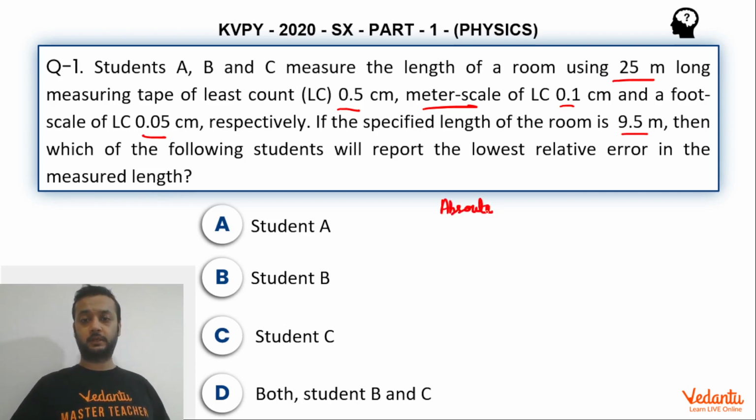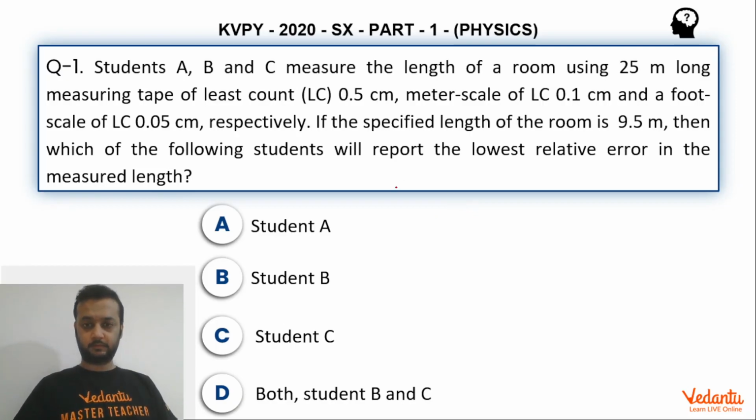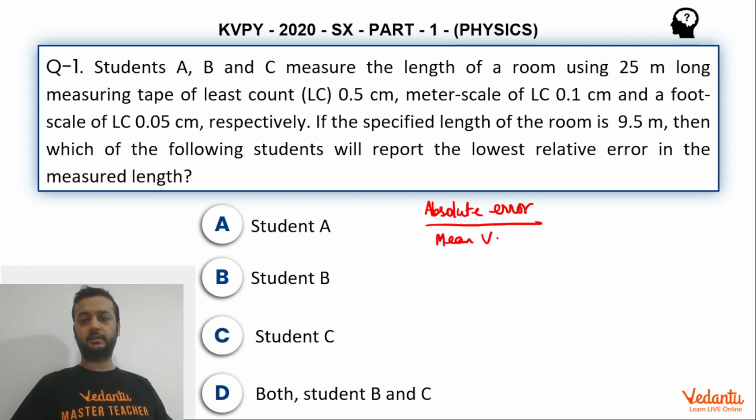The mean value is the same for all of them, so we have to find the absolute error.